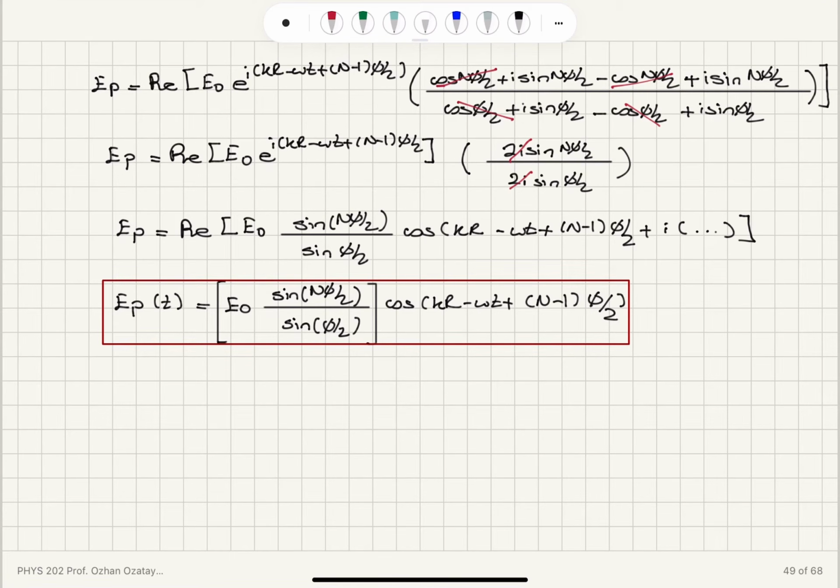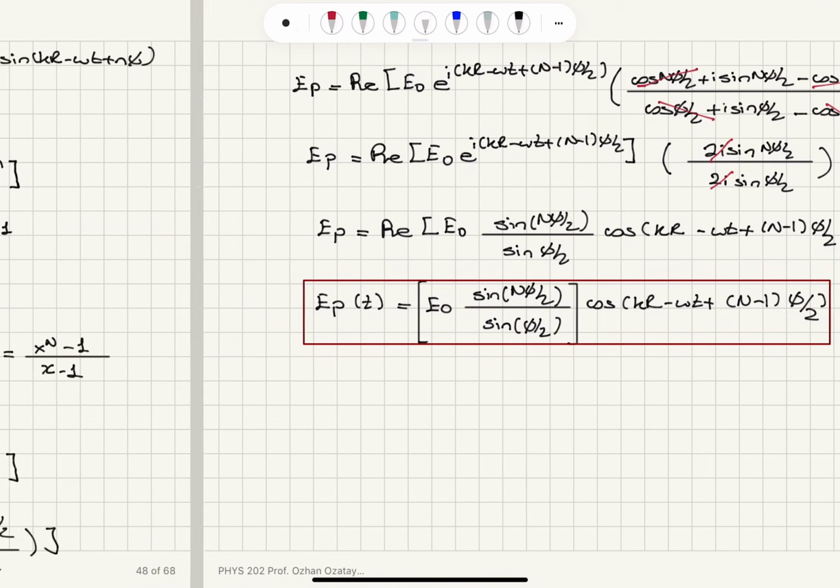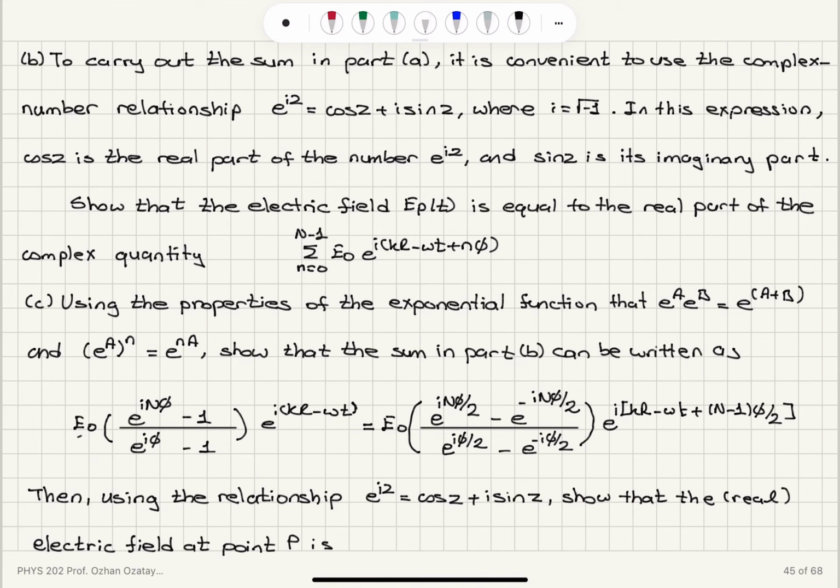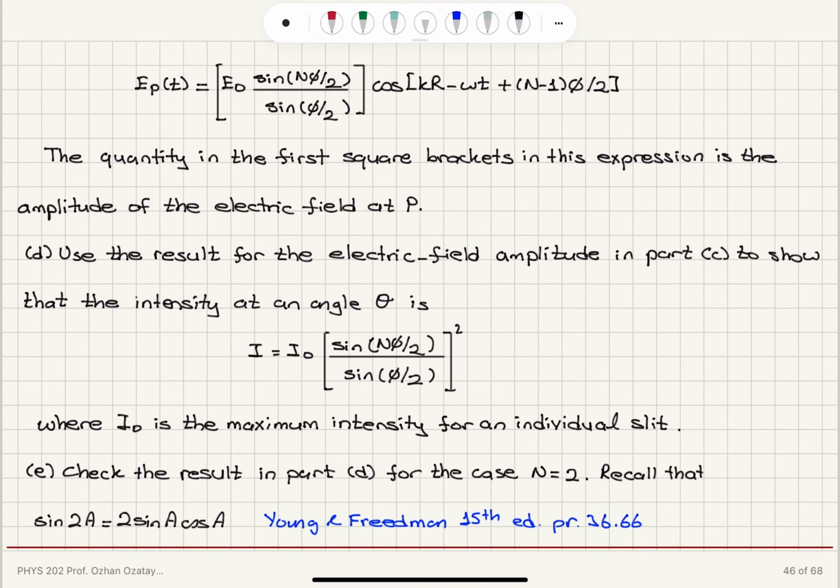Okay, so in this part I was asked to find, using this relationship, e to the a times e to the b is e to the a plus b, and e to the a to the power n is e to the n a, the summation can be written in this form, and finally the electric field at point P is E0 sine N phi over 2 over sine phi over 2 multiplied with this cosine term.